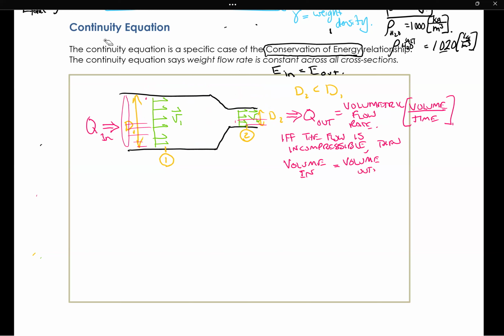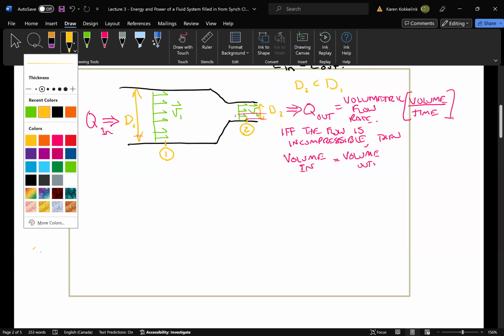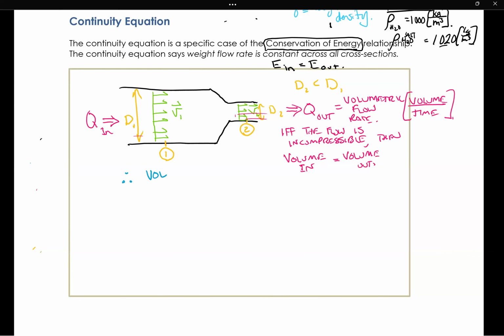So, therefore, if the fluid is incompressible, volume must be conserved. If incompressible, therefore, volume in must equal volume out. But volumetric flow rate is volume over time. So for any unit of time, I can divide both sides by the same amount of time.